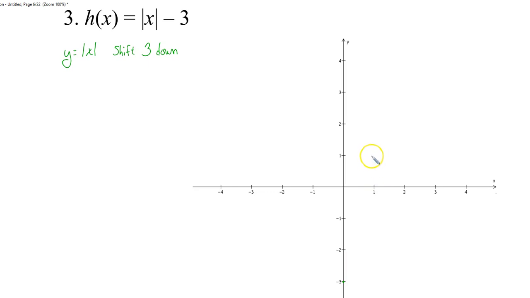Rather than having a point at 1, 1, we would now have a point at 1, negative 2, and at negative 1, negative 2. And then we'll have our lines here that go like this, and like this. Sorry about that. All right, and so that's our graph of the absolute value of x minus 3.